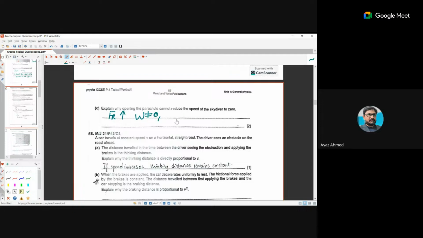Once weight force is not equal to 0, or gravity is not equal to 0, then definitely the speed will never be equal to 0. Is it clear to you?